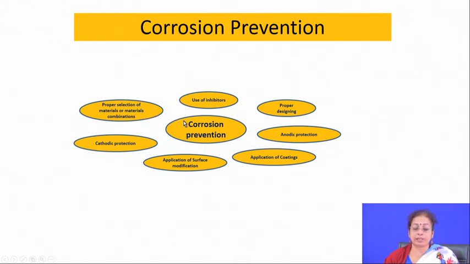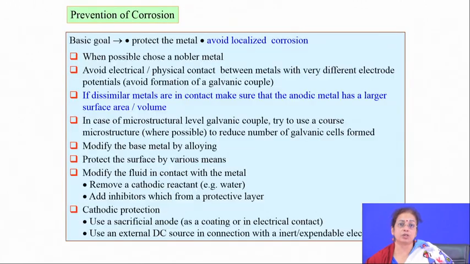You can also get rid of liquid metal based corrosion by the application of coating. So, you have to understand which kind of corrosion your component is facing in that particular environment. Accordingly you choose the material and take different precautionary measures so that corrosion can be minimized.